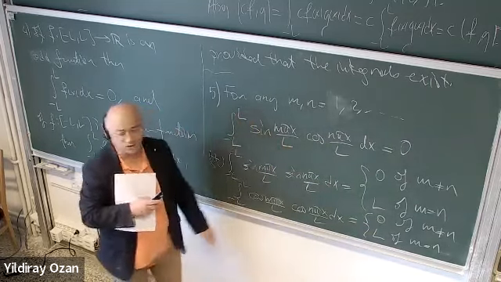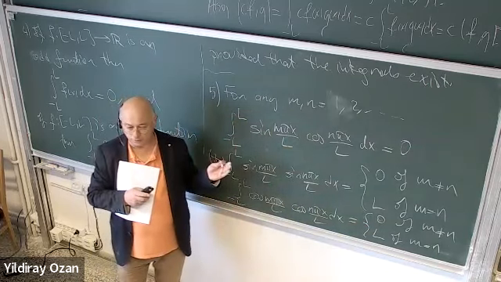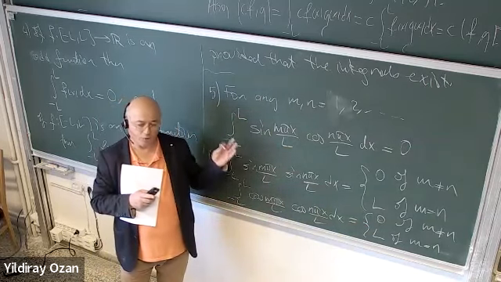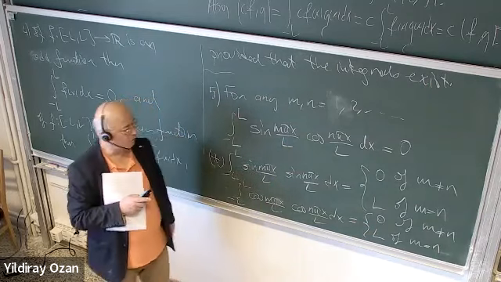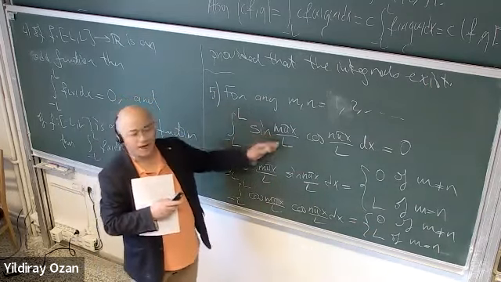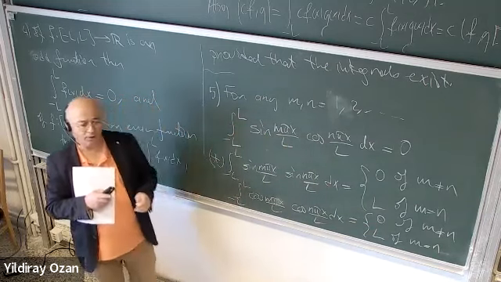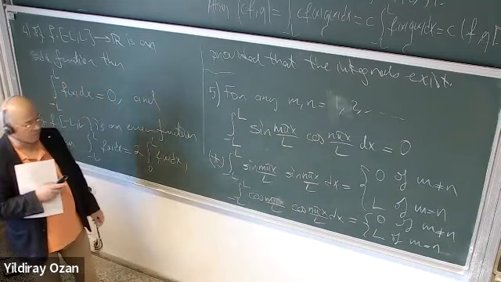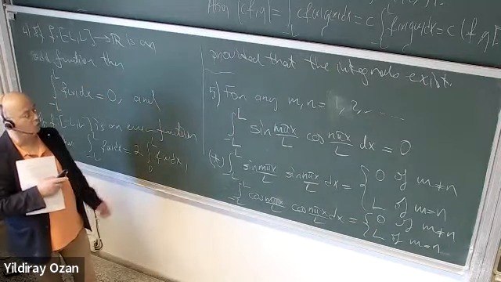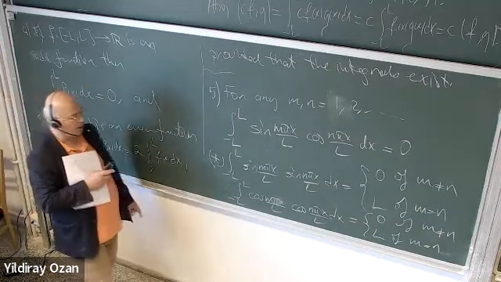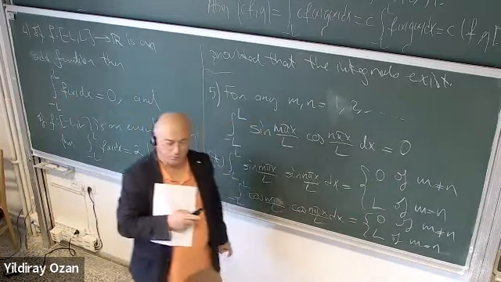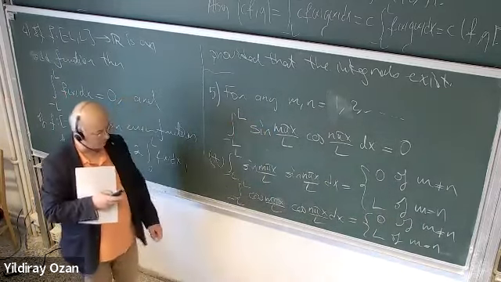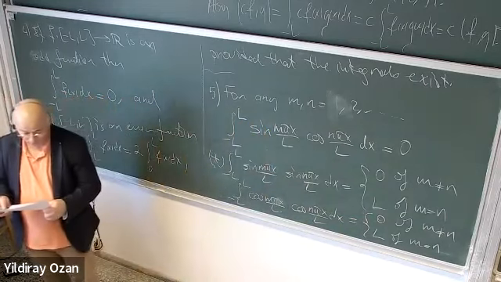Therefore, all these functions are orthogonal, right? The inner product of any two of them, distinct functions, is 0. So this collection of sines and cosines is an orthogonal set. They are not orthonormal because you have to have one, not L.